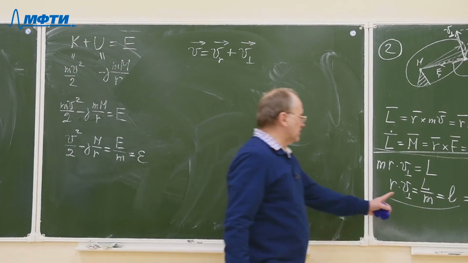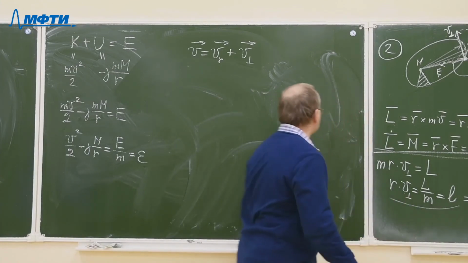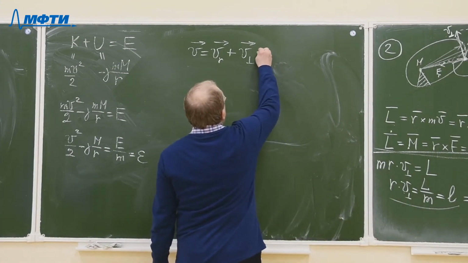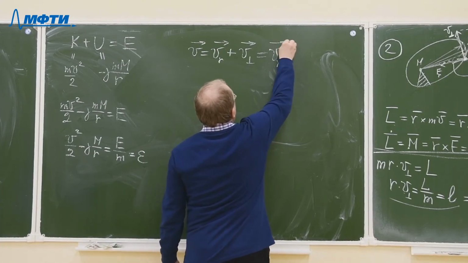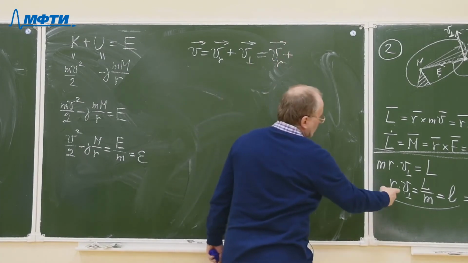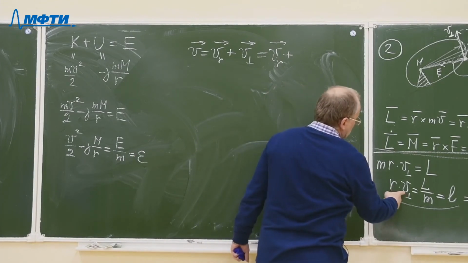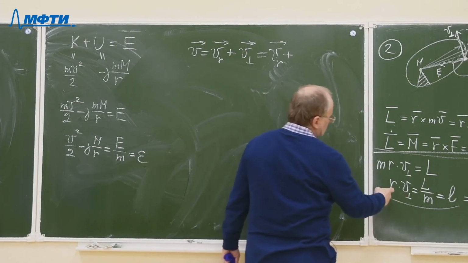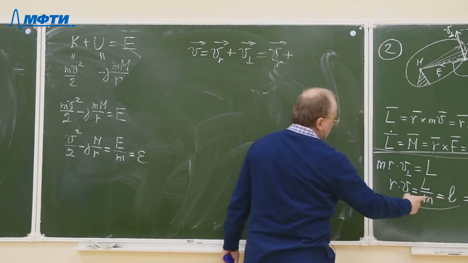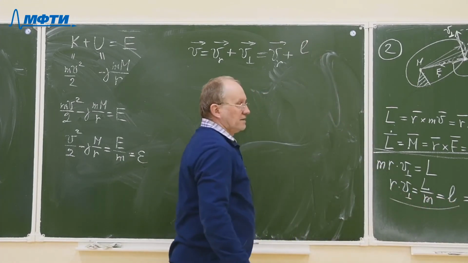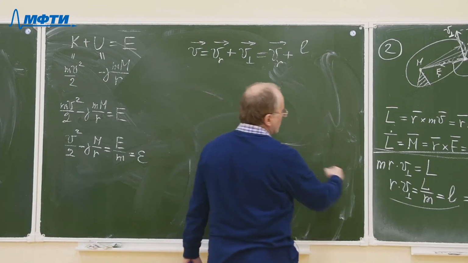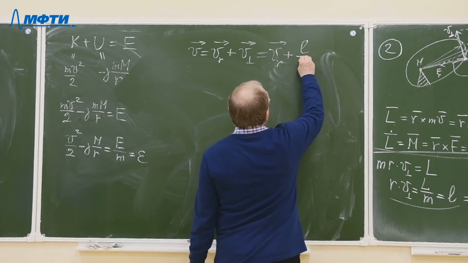The perpendicular velocity can be expressed as L divided by r, where L is the angular momentum per unit mass, divided by the radius vector.